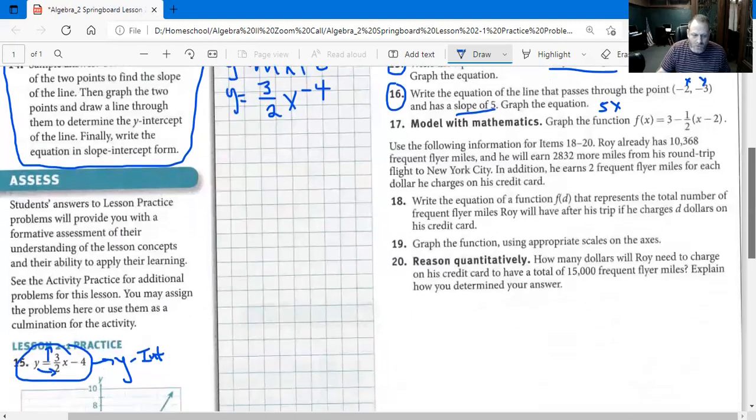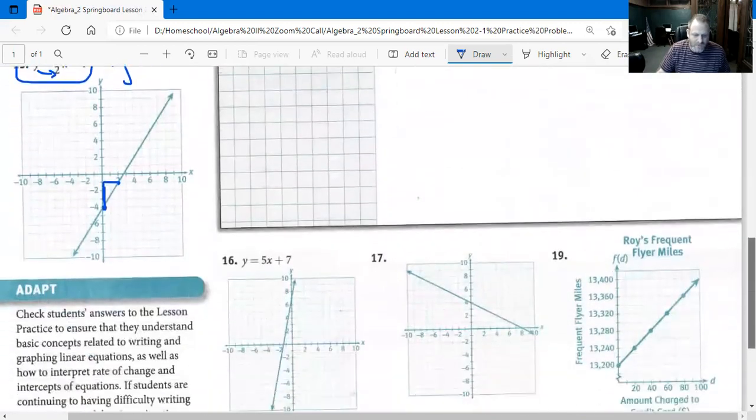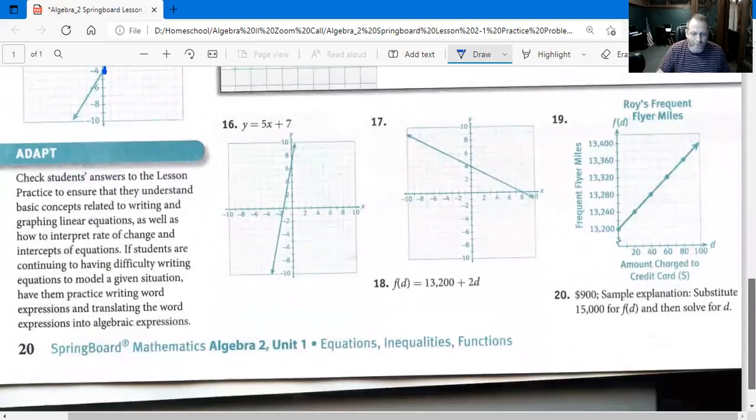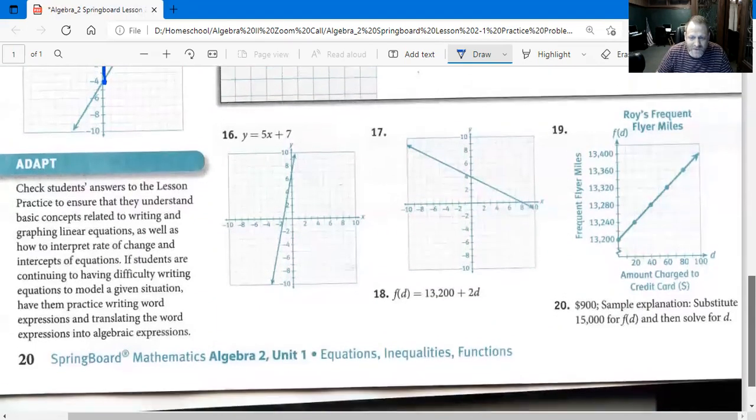What we've come to is y = 5x + 7. Y = 5x + 7. All right, so let's take a look at number 17.